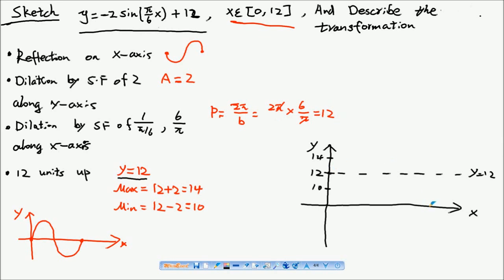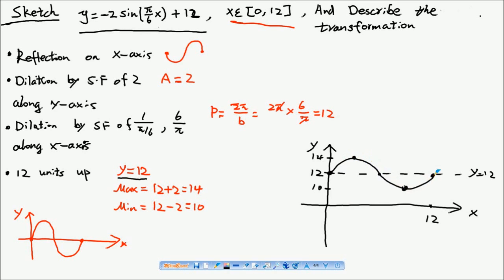The graph has a period of 12 and follows this shape, so I will have a point there, a maximum point there, a neutral point there, a minimum point there, and a finishing point there, and we connect it.